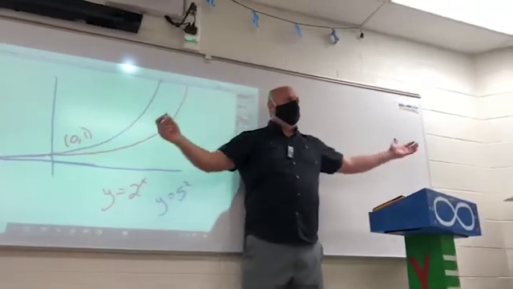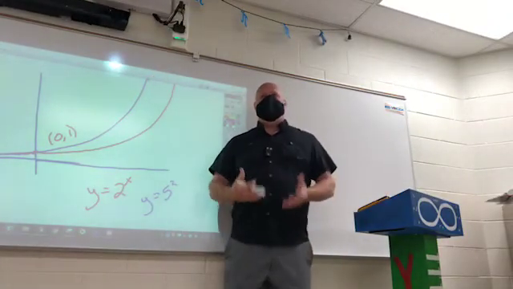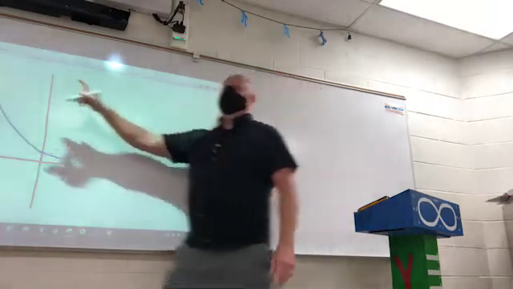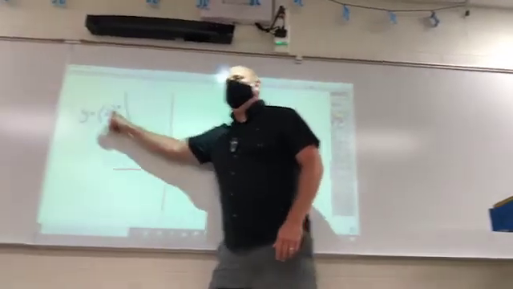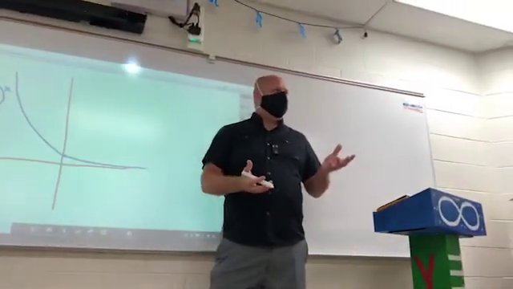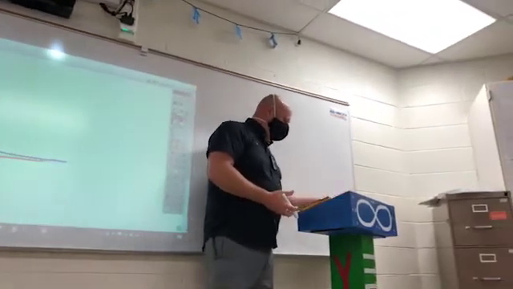Almost identical. It would just go up a little bit faster. The graphs don't really look much different. Okay? But as soon as you get to a number that's less than 1, the graph flips and goes the other way around. Simple?